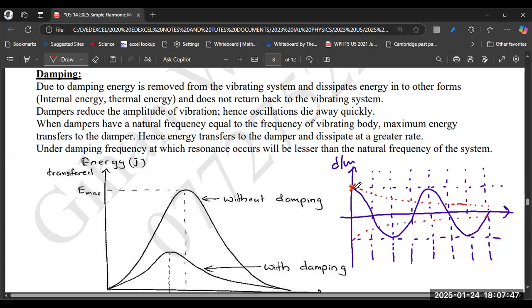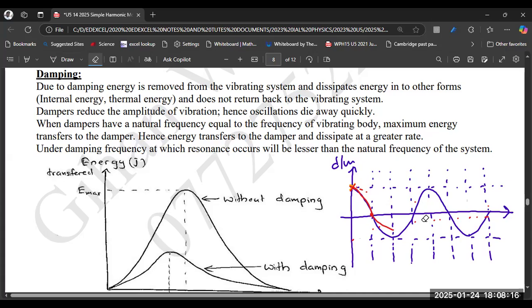But little by little it goes down, because energy is dissipated to the surroundings. So it won't give the same amplitude as earlier; we'll have a reduced amplitude. I just drew some guidelines, but I'll erase them. However, it should keep reducing.